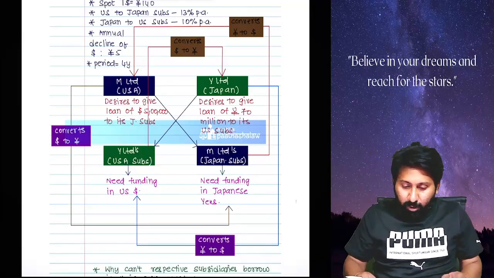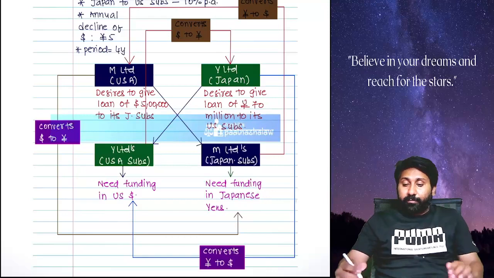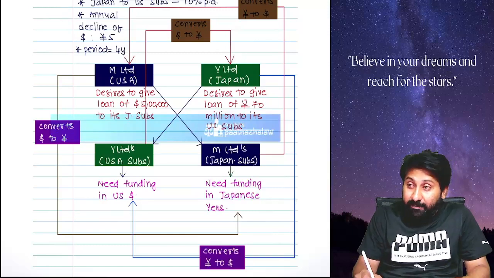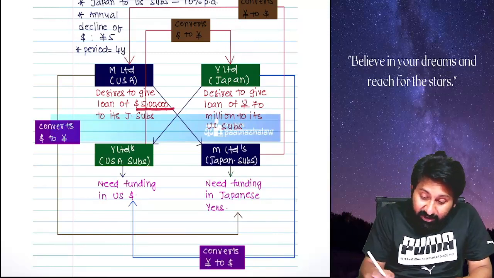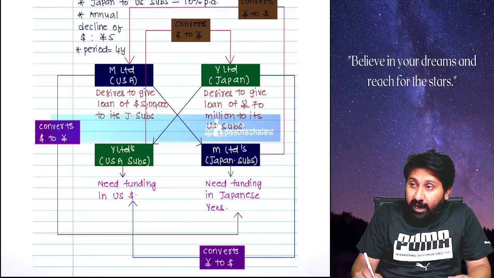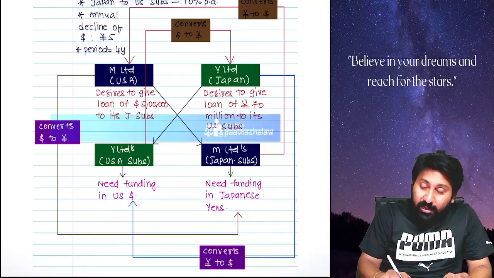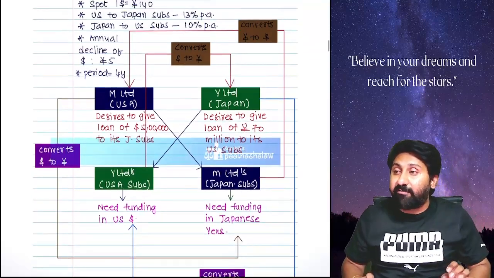Point is, instead of M Limited giving loan to its Japanese subsidiary by converting these $5 lakh into yens, and Y Limited converting these yens into dollars, the intermediary has made one arrangement.